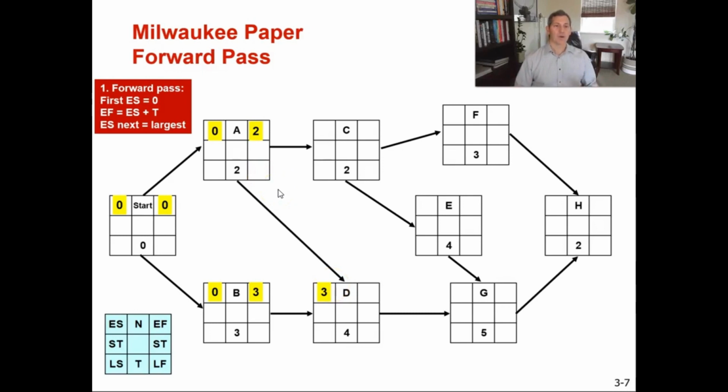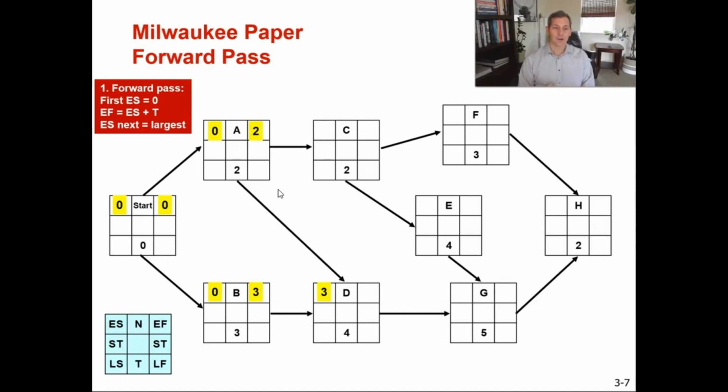Take a step back and think about why that is. If activity D has activity A and B go into it, if activity A is going to take you 2 weeks to complete, and activity B is going to take you 3 weeks to complete, you're going to do activity A, it's going to take you 2 weeks, and then it's going to sit there for 1 week because you can't start activity D until activity A and B, the predecessors, have been completed.